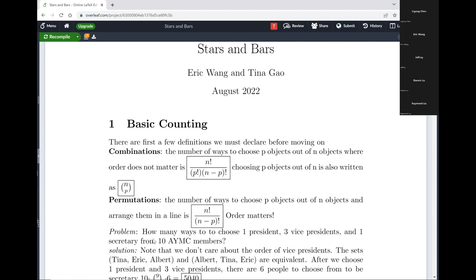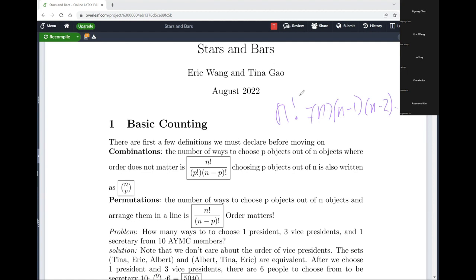And if you didn't know what a factorial was, n factorial equals n times n minus 1, times n minus 2, ... times 1. So it's the product of every positive integer below n and including n.